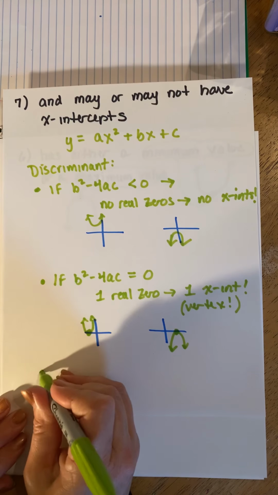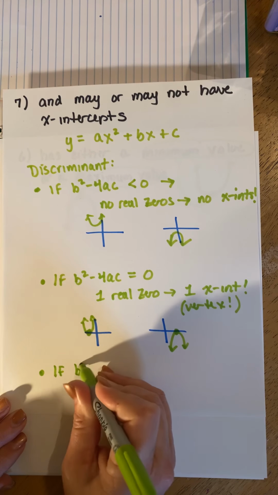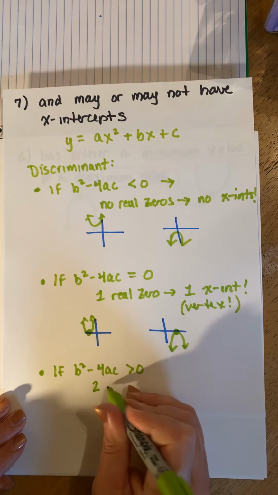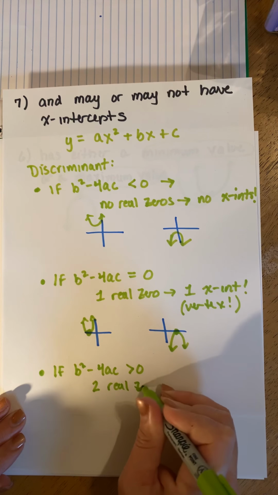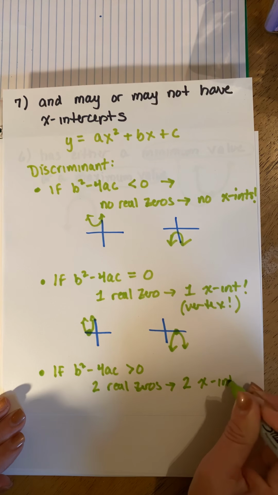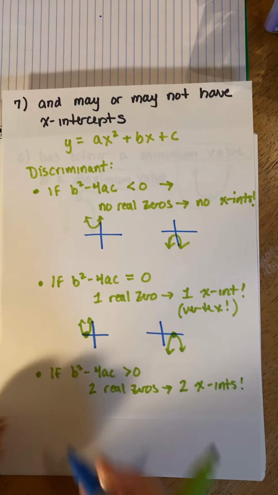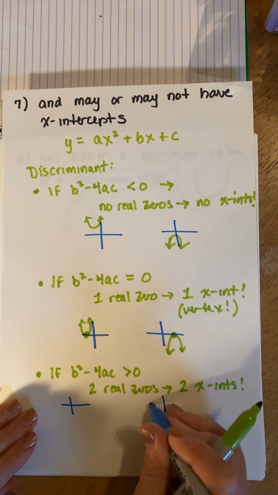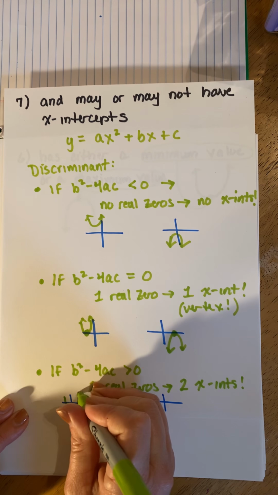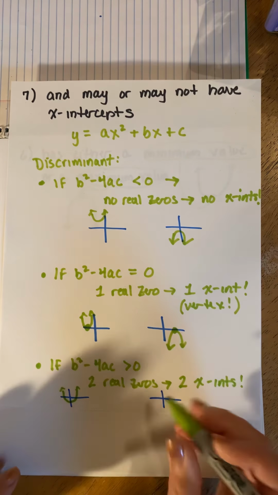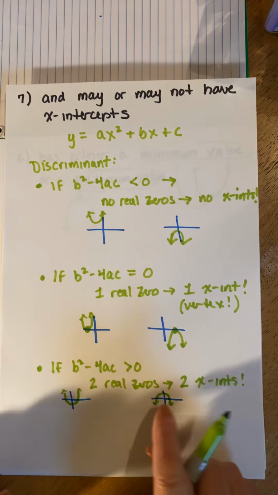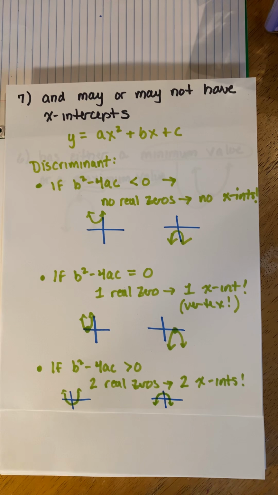And lastly, if b squared minus 4ac is positive, we have two real zeros, and thus we have two x-intercepts. I'm running out of room, but I'll squeeze it in. A right side up parabola with a vertex that falls below the x-axis will give us two x-intercepts. An upside down parabola where the vertex falls above the x-axis will also give us two x-intercepts.